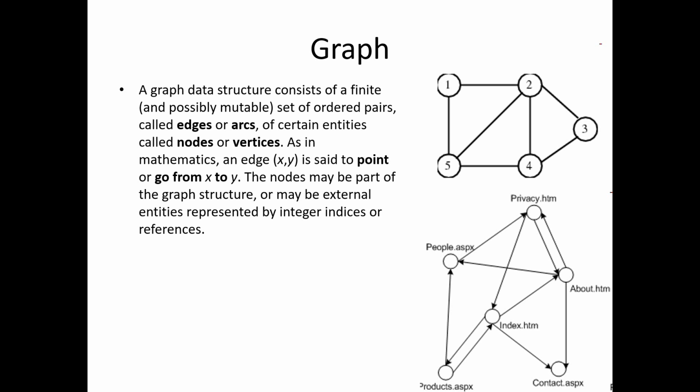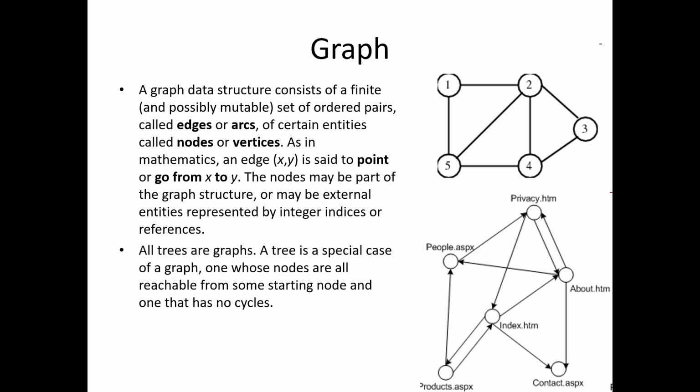The first one, that is the graph on the top, is the undirected graph, and the graph at the bottom is the directed graph, right? A tree can also be considered as a type of a graph or a subgraph, but where there are no cycles.